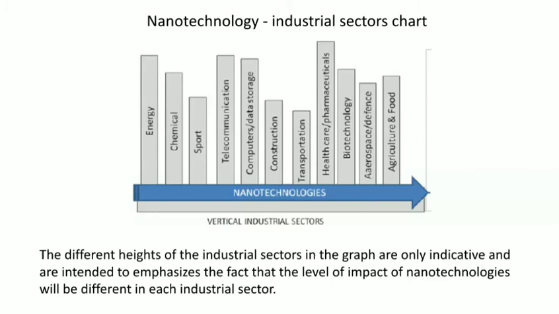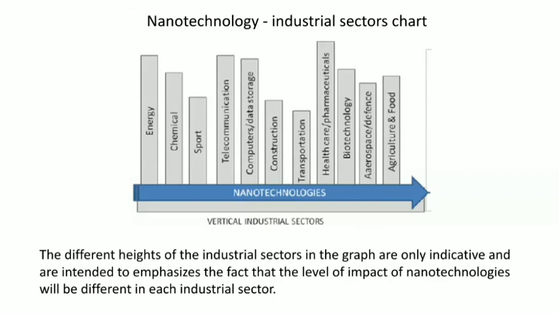So what is the height of this vertical sector? Can you see this? This gives you interesting information: if the height is smaller, it means nanotechnology has contributed less in that industrial sector. If the height of the sector is higher, then nanotechnology is contributing a lot in that sector.